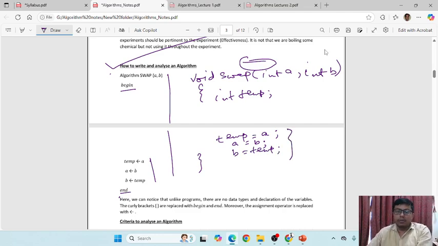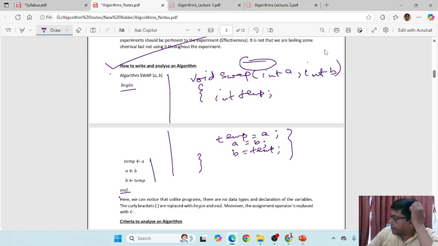If you execute these three statements, the values of a and b will be swapped. So you see how to write an algorithm. We are writing an algorithm, and the name of that algorithm is swap.